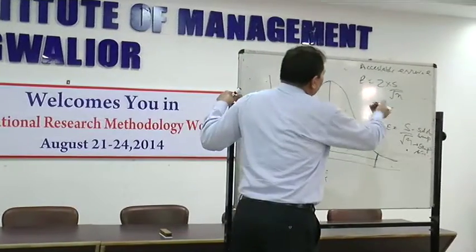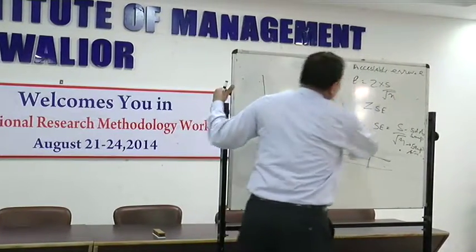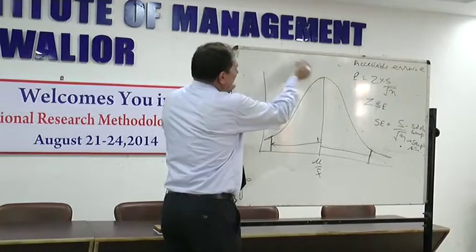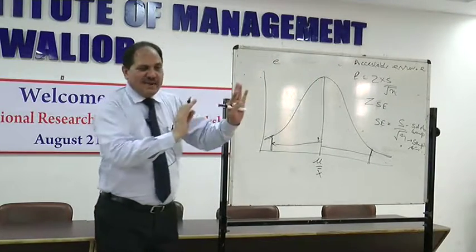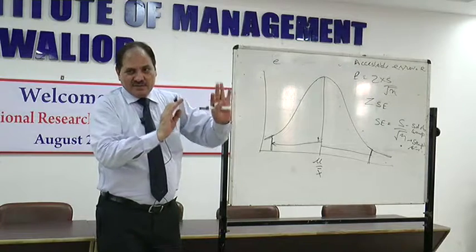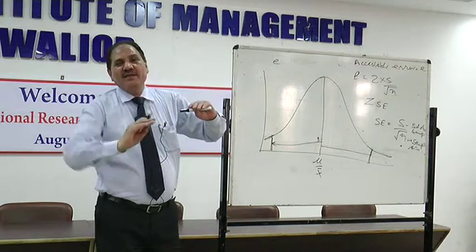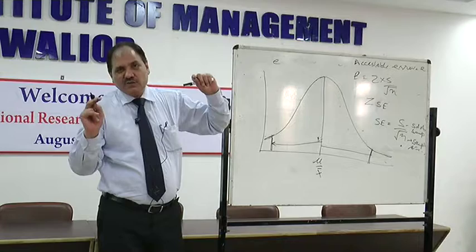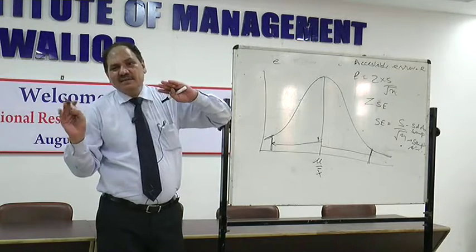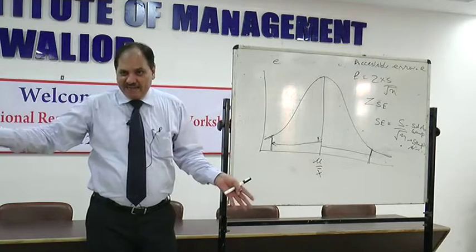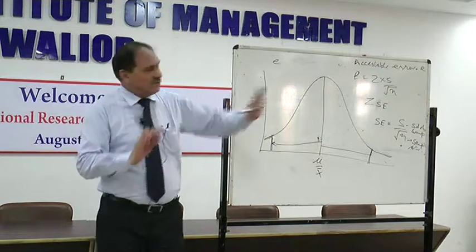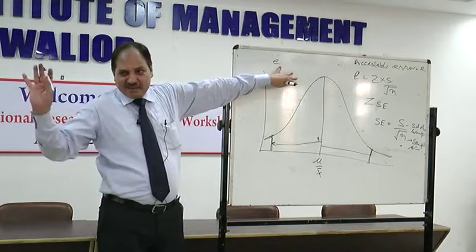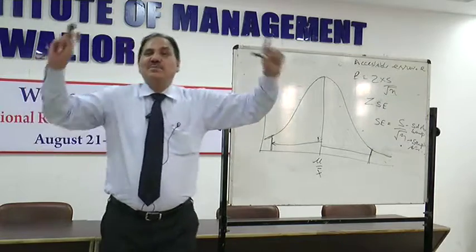So therefore, if I convert this now, that means I can have small e, because it should be at least equal. That means acceptable error should not be less than the actual sampling error. Okay, your sampling error should be smaller or equal at the most. So that is the maximum error that we can accept, and maximum error would lead to minimum sample size.